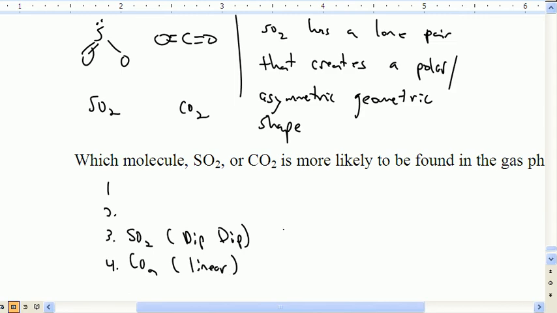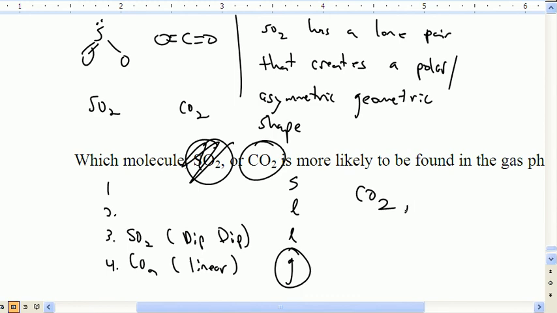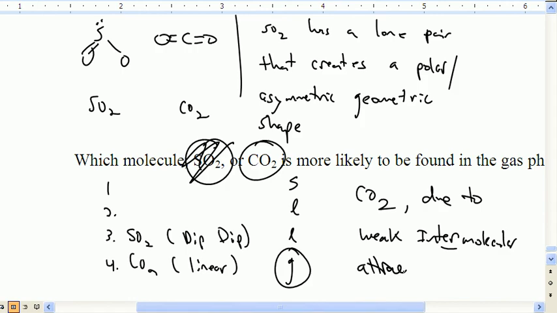That's linear. We know that this tends to be solid. That's liquid, and that's gas. So CO2, due to weak intermolecular attractions. All done, yay!